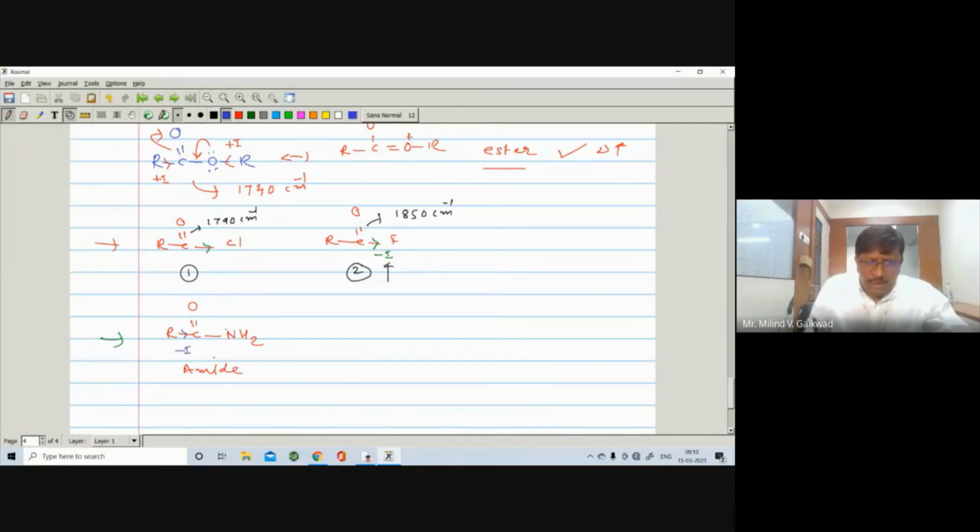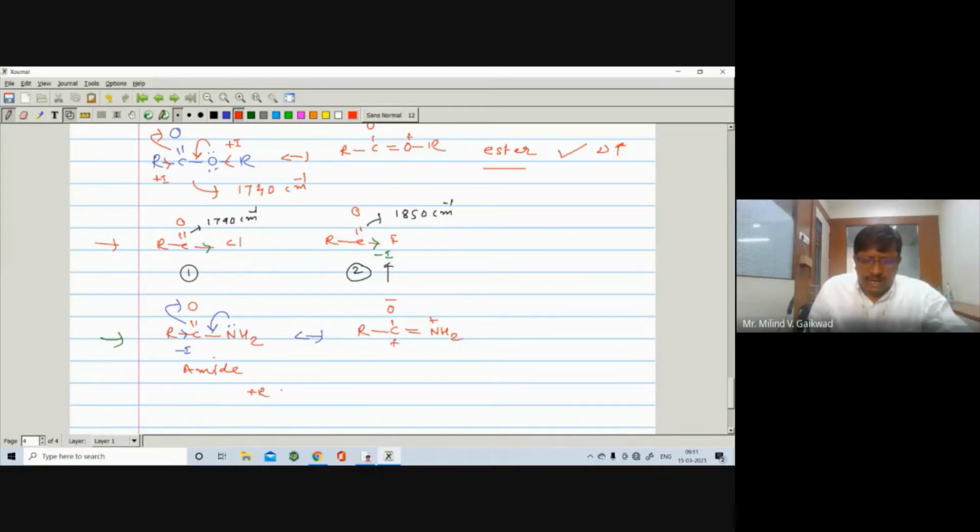At the same time, the lone pair on the nitrogen is involved in delocalization, which means it gives single bond character, and you are having such a type of resonating structure. Here is O negative, C positive, double bond N H2 positive.